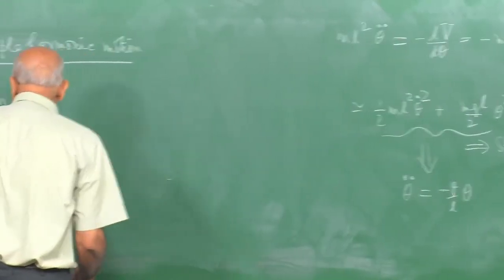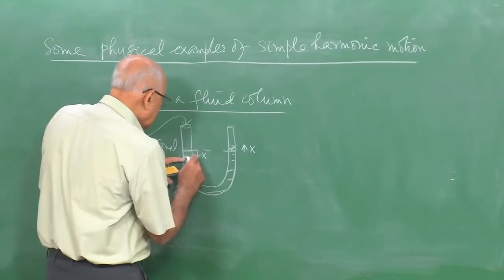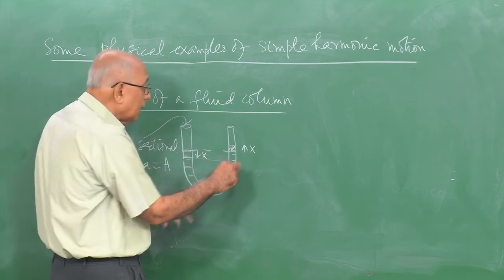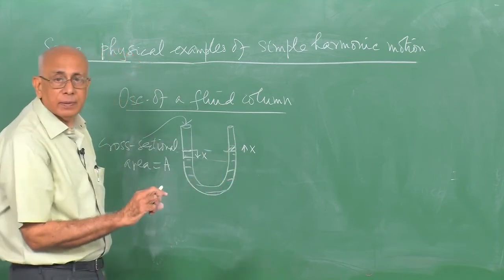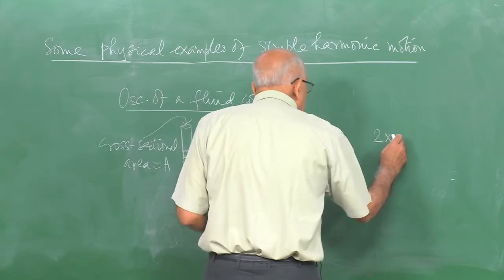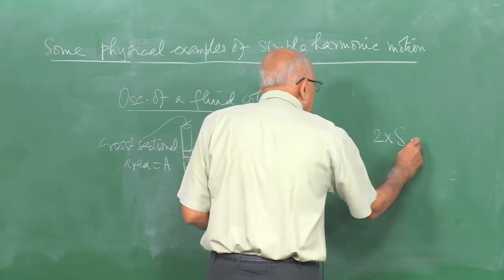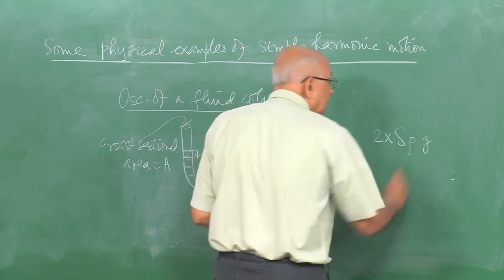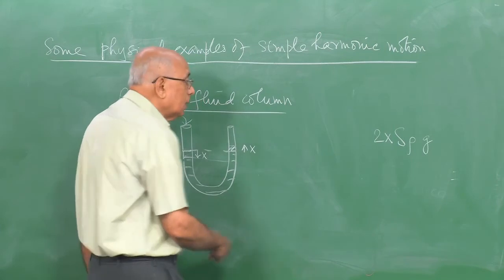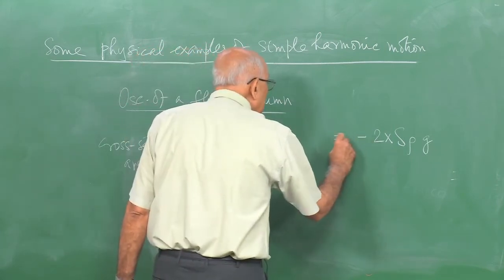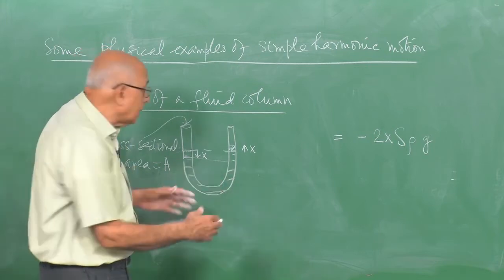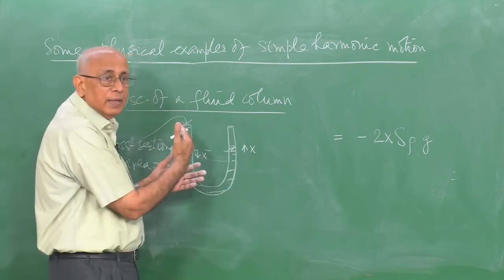Now that is easily found, because what is the force? The force appears because this level is out here and the other column has a level which is higher, and the difference in levels now is 2x. So you have something which is 2x times the cross sectional area times the density multiplied by gravity, and that is pushing down to equalize this. So minus this is equal to the acceleration of whatever is being accelerated, and that is the entire fluid.